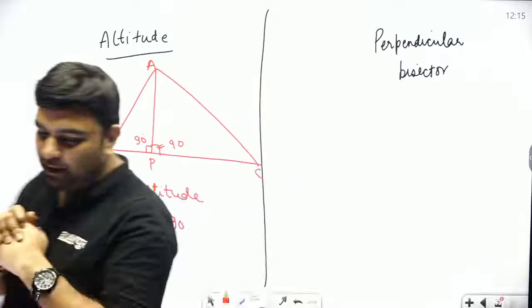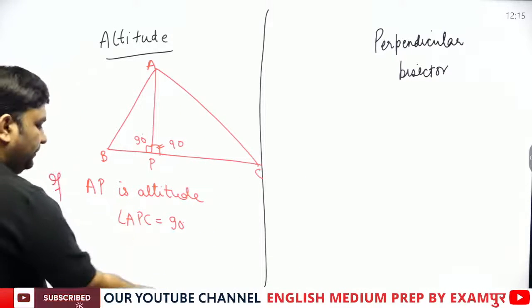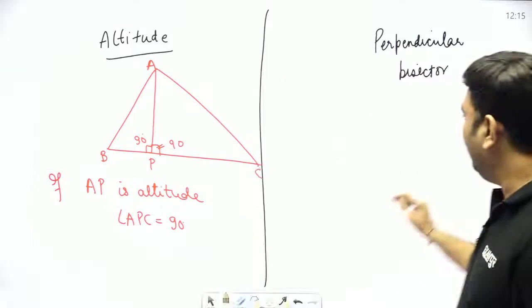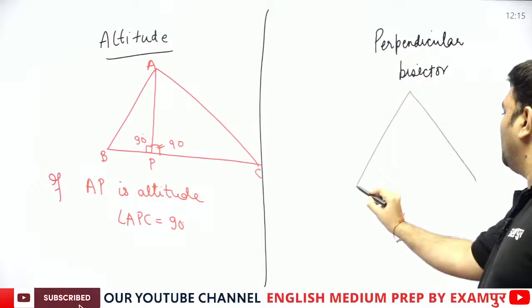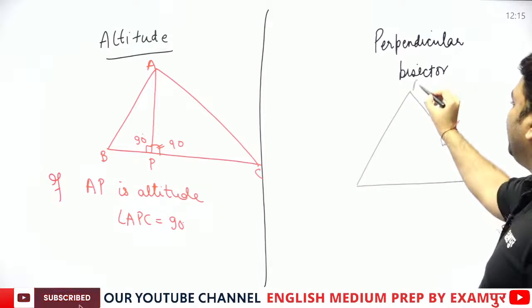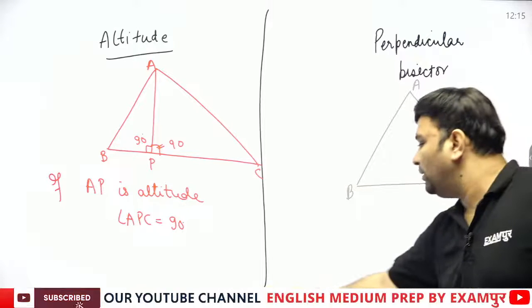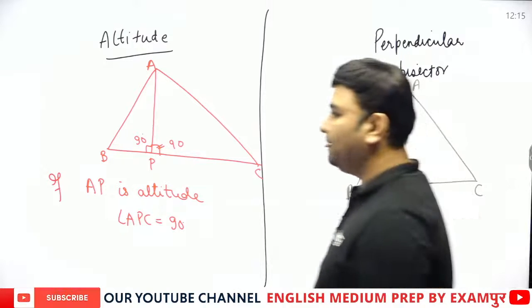And what does perpendicular bisector do? Perpendicular bisector is drawn for the sides.